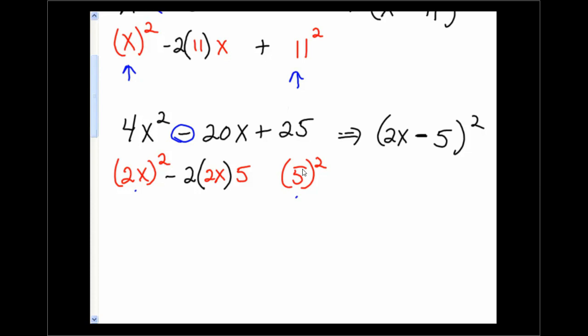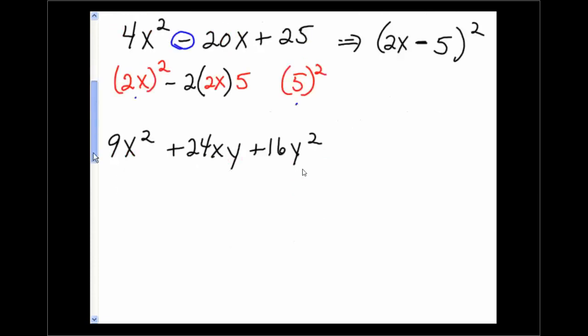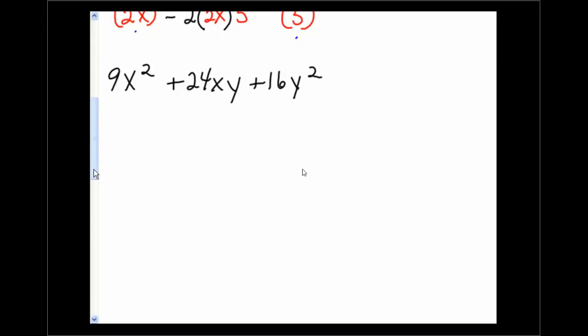Last example, 9x squared plus 24xy plus 16y squared. All right, now again, we need to rewrite this as what's being squared. So we will have 3x being squared and 4y being squared.